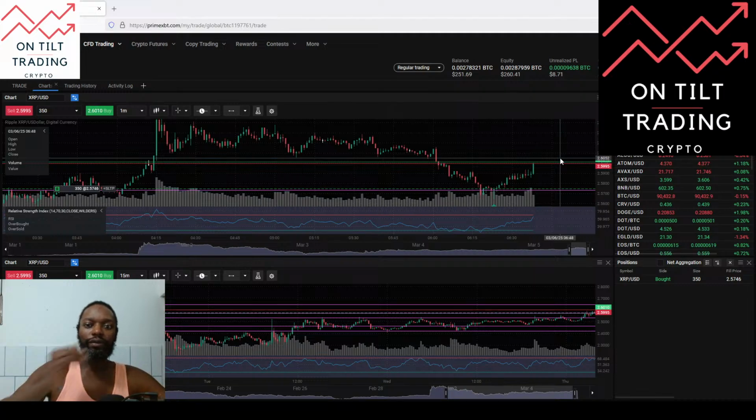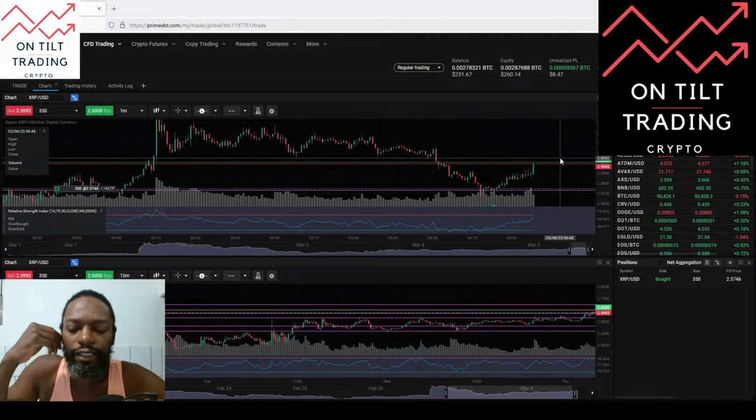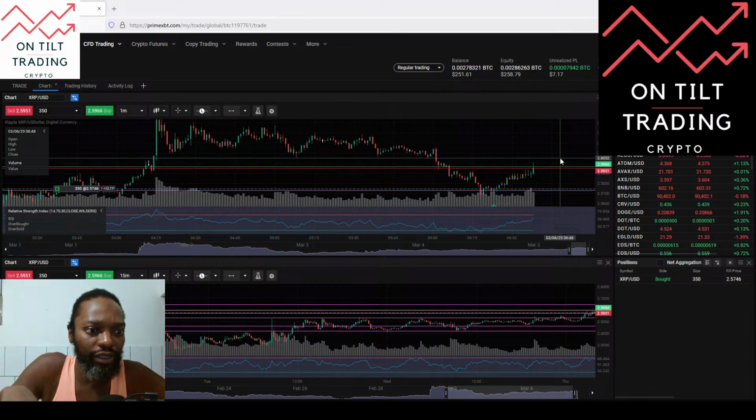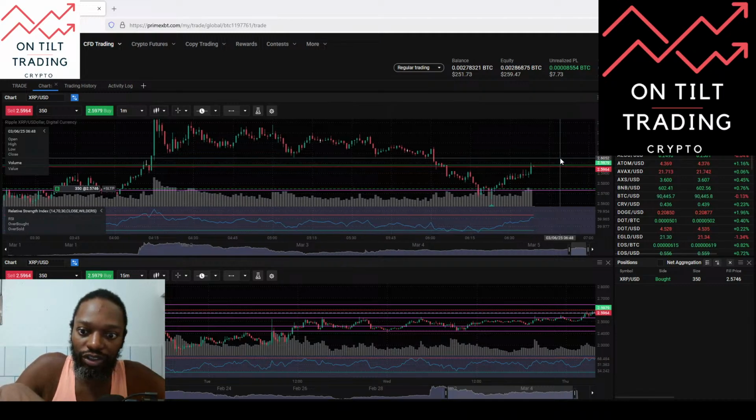I've been working on, this is the first day that I'm working on this modification to my system. I've been working on getting better entries, tighter stops, and just general better entries. I find when I typically tend to get in is usually at a point of congestion or a lot of consolidation.